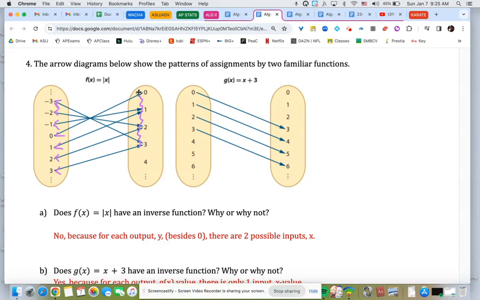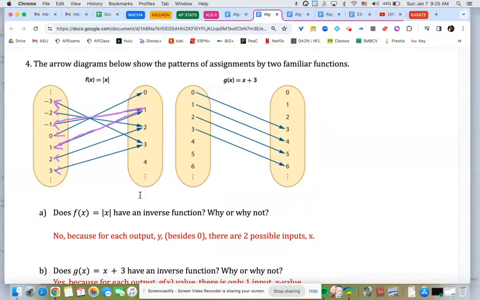These arrows are gone. So now this whole section becomes my input. So I'm saying, if I start with 0, does it map to 1 or 2 different places? Well, in this case, it only maps to one place. Okay, great. But when I get to 1, I can see that a 1 maps to -1, and it also maps to +1. There are two different places that 1 would go to if I went backwards with these things.